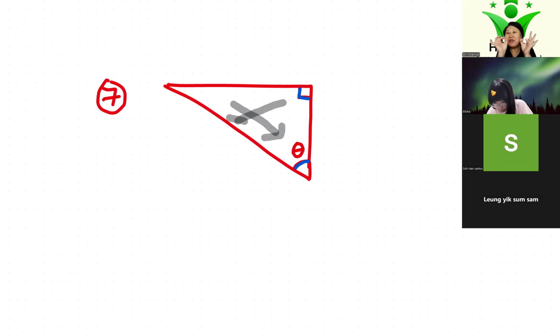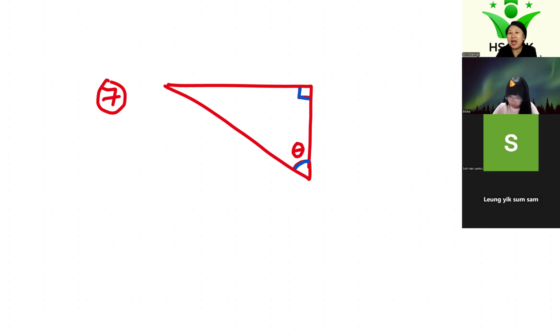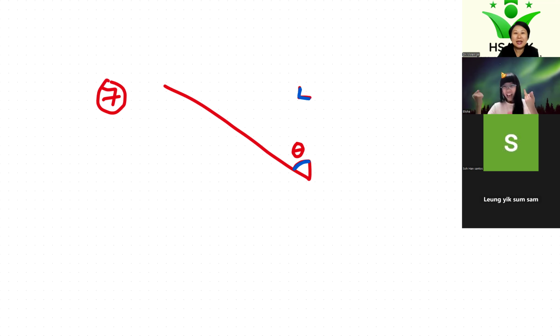Let's identify the A first. The line where we can find our right angle and the theta. You should put the label beside the line. Can you put it beside the line? No problem, I put it back.